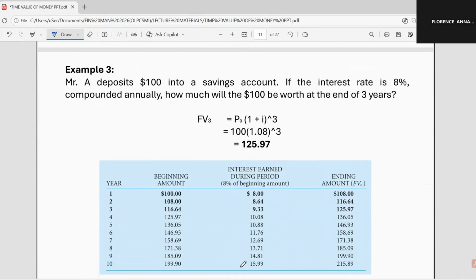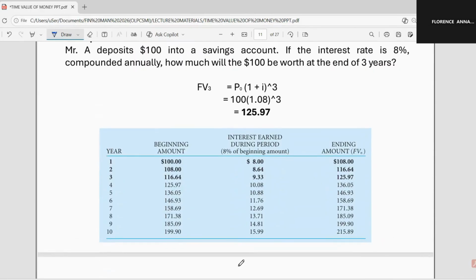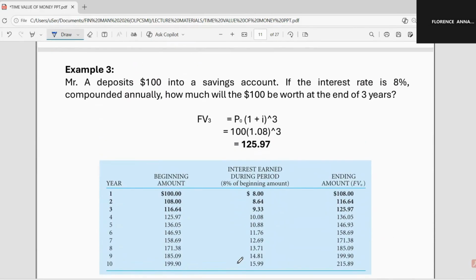So, let's try to solve. Mr. A deposits $100 into savings account. If the interest rate is 8% compounded annually, how much will the $100 be worth at the end of 3 years? So, our formula again, that's principal times 1 plus interest raised to n. So, let's just substitute with the values.